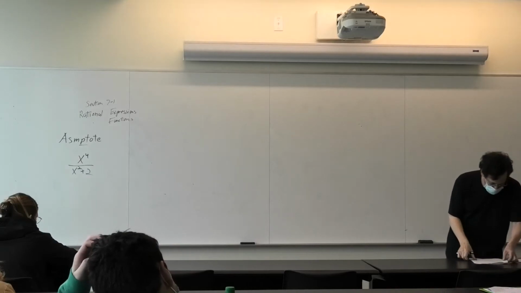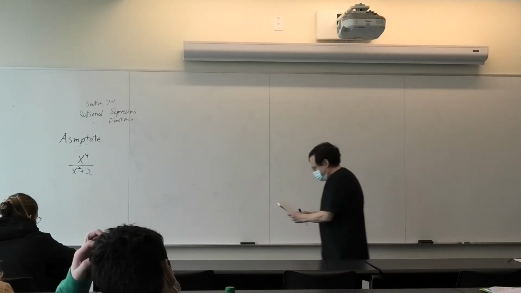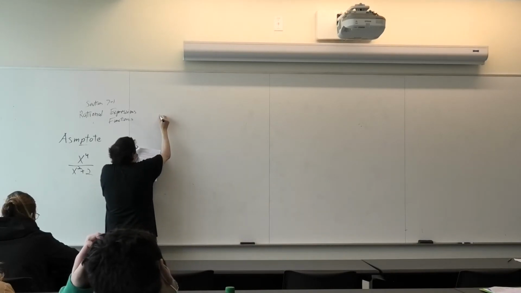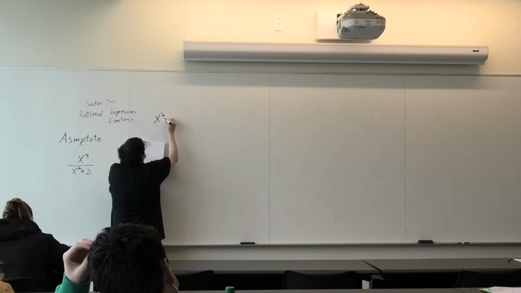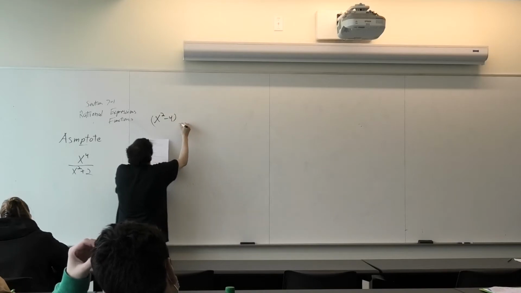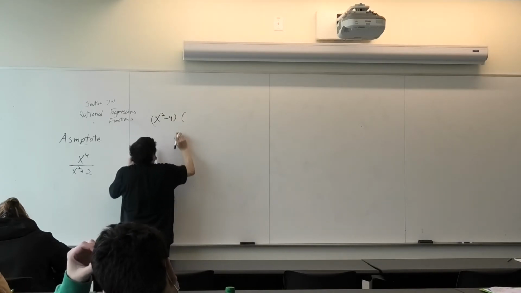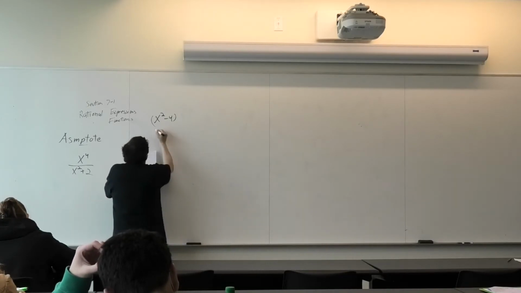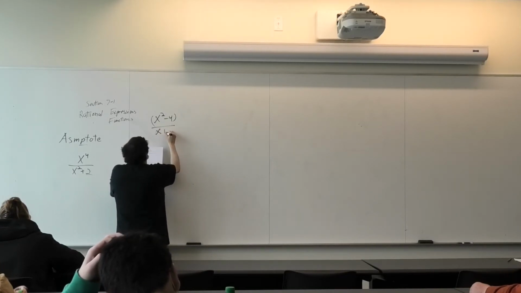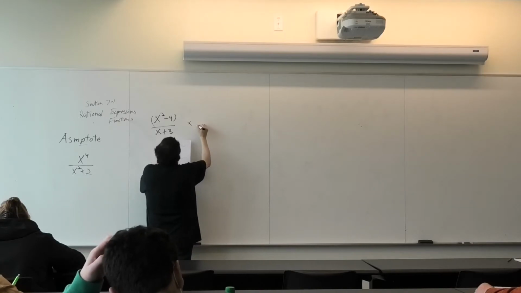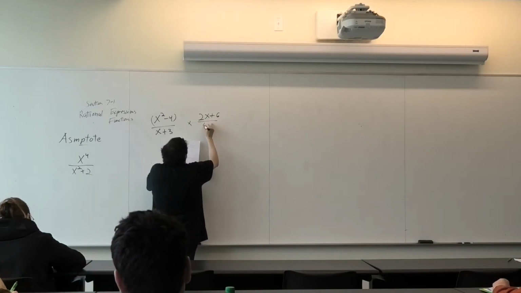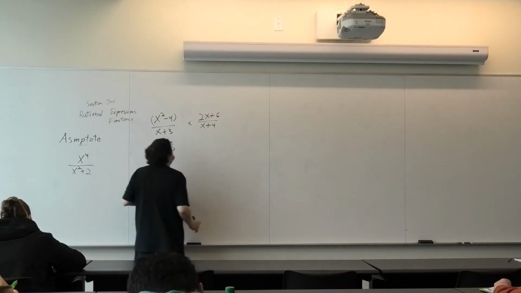All right, let's look at an example. Let's say I have two rational expressions, x squared minus 4 over x plus 3. I want to multiply it by 2x plus 6 over x plus 4.